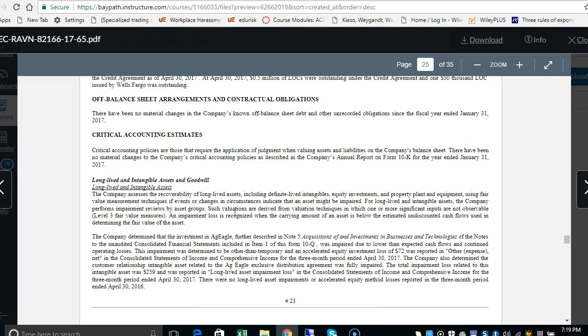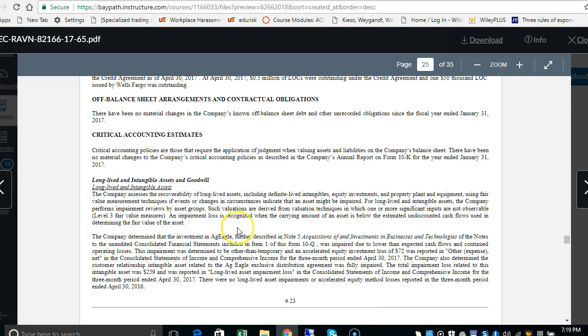They talk about how they estimate the long-lived and intangible assets and goodwill. The company assesses the recoverability of long-lived assets, including definite lived intangibles, equity investments, property, plant, and equipment, using fair value measurement techniques, if events or changes in circumstances indicate that an asset might be impaired.